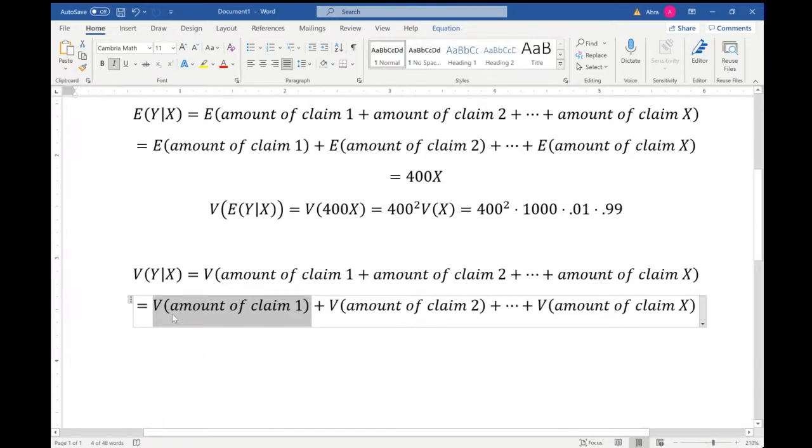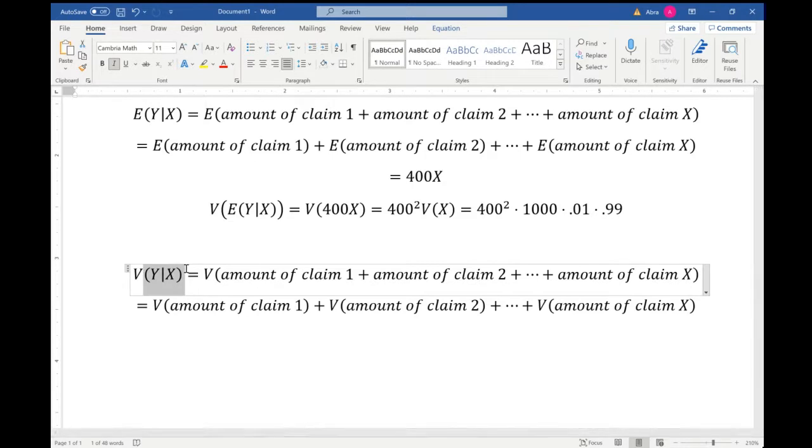Okay, because we're taking the variance of multiple claims. Right, you're taking the variance of the total amount of x claims. And in this part, when you've got y given x, you're treating x as a constant, like you're assuming you know how many claims there are. Okay, that makes sense.